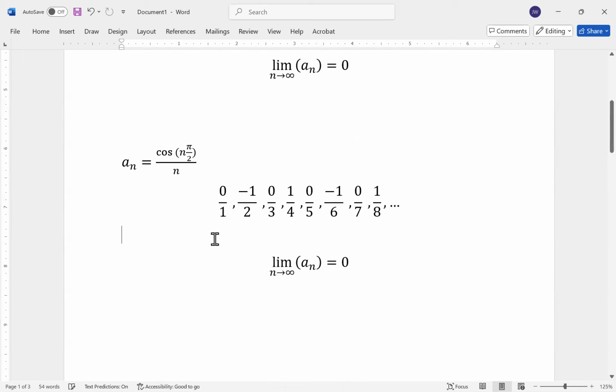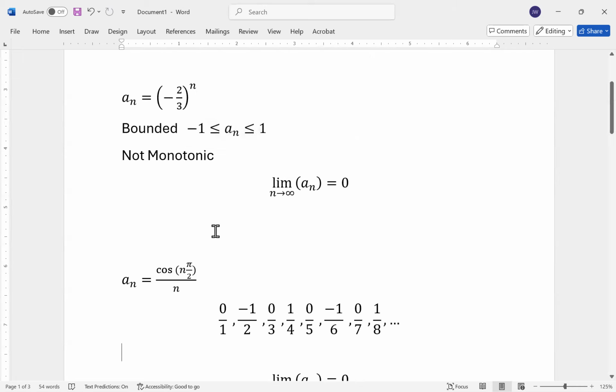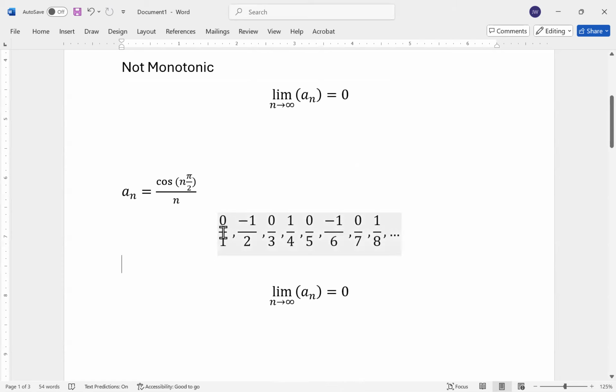This also is bounded but not monotonic. It's bounded again by -1 to 1, and it's not monotonic because we can see we're going from 0 to a negative number to a 0 to a positive number to 0 to a negative number, 0 to a positive number. So we're bouncing back and forth.